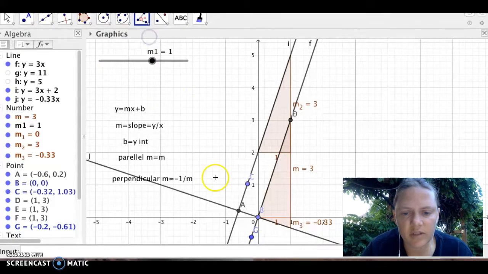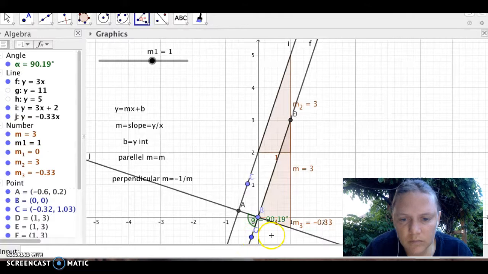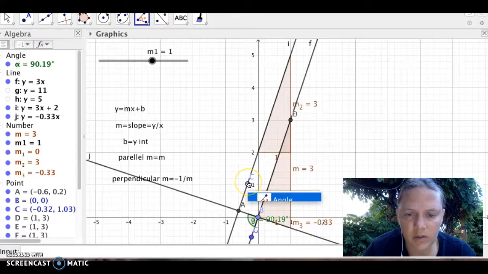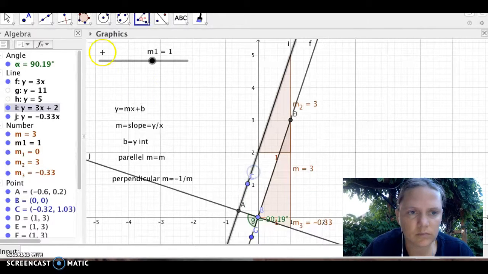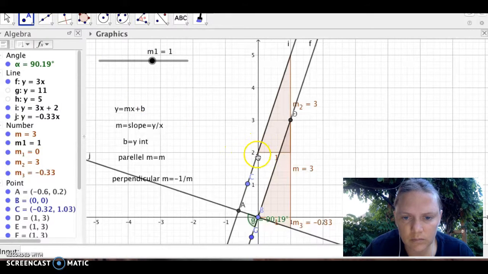So that's the last thing we're going to check, to make sure that they are 90 degrees. Let's see. There we go. Let me try from this spot.